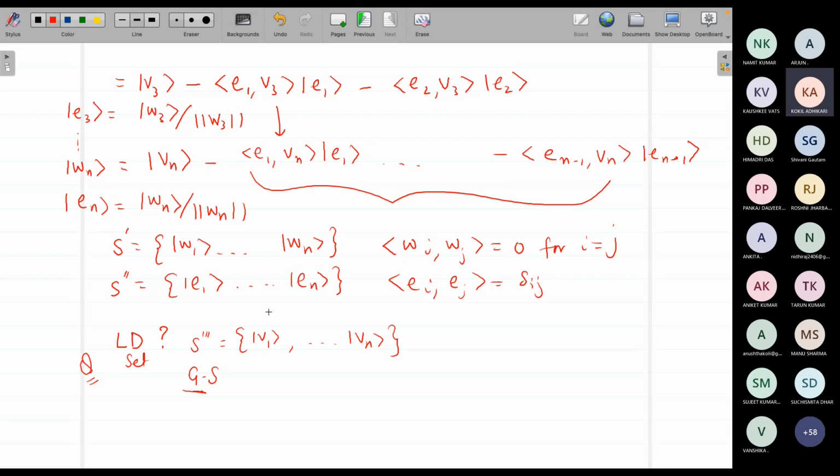Because think about it otherwise. You start with a linearly dependent set of, let's say, n vectors, and if you are able to make n orthogonal vectors out of it, then those n orthogonal vectors will be linearly independent by definition if they are non-zero, because that's the property we have read, that orthogonal vectors are always linearly independent.